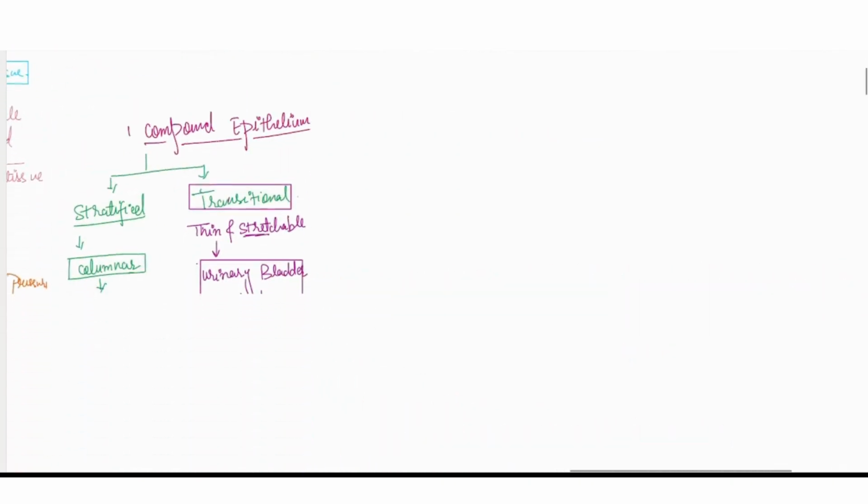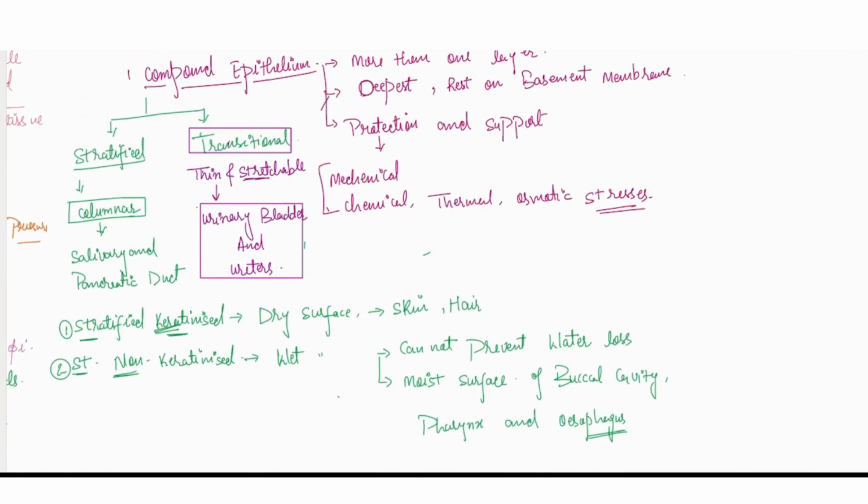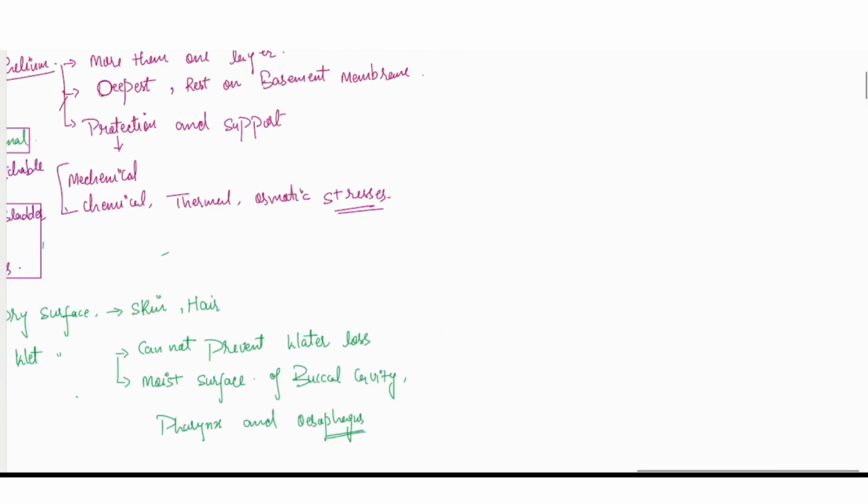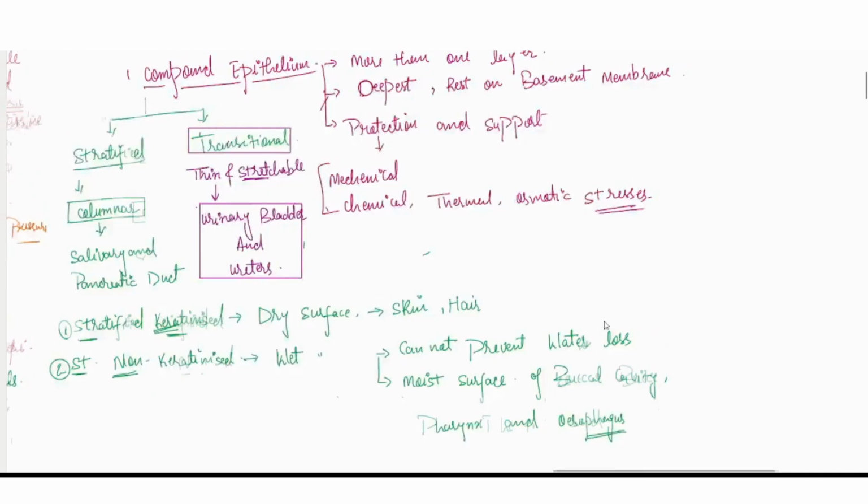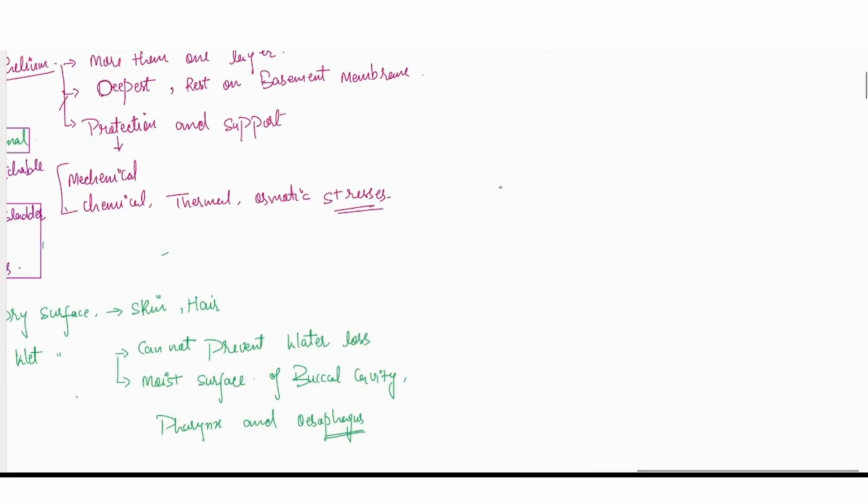Now let us see the next topic, the junction. What type of junction would be available? For example, if we have two cells, cell 1 and cell 2, these two cells would definitely be in contact with each other.